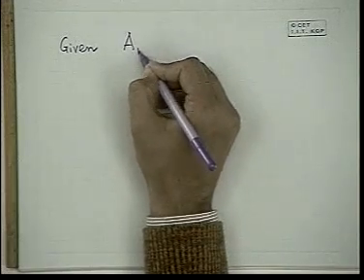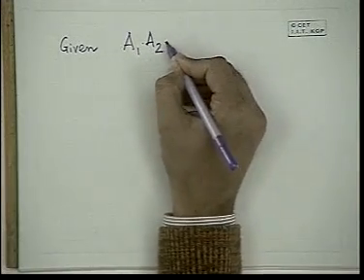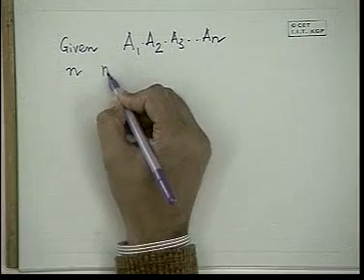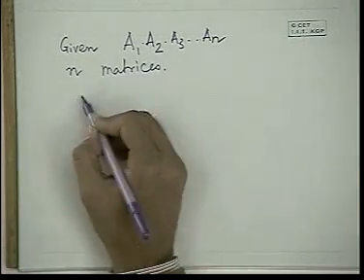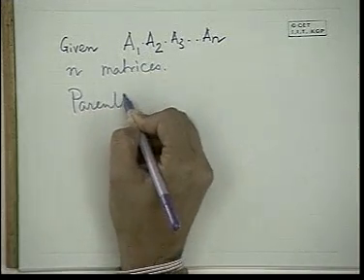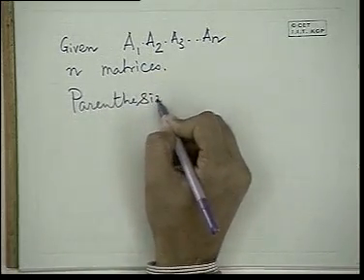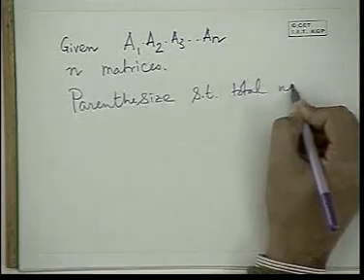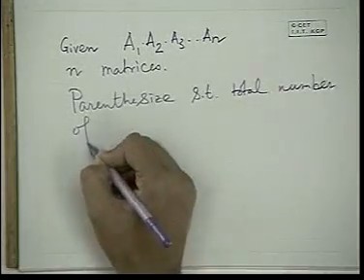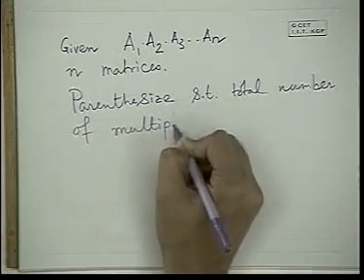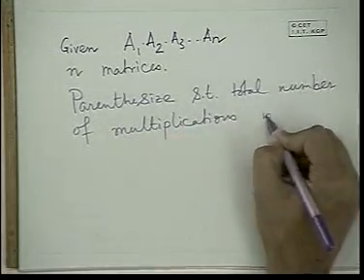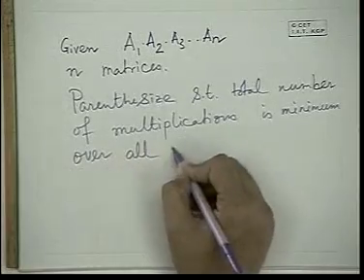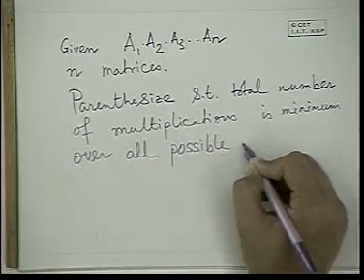Given matrices A1, A2, A3, say n matrices, parenthesize such that the total number of multiplications is minimum over all possible parenthesizations.